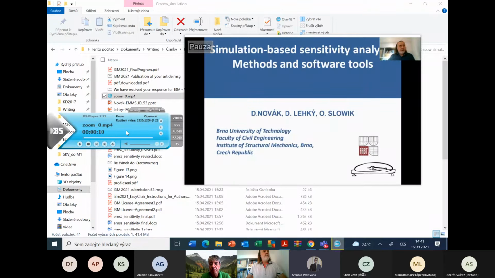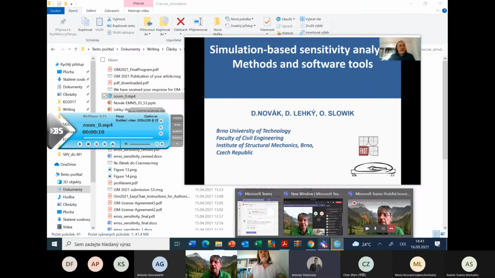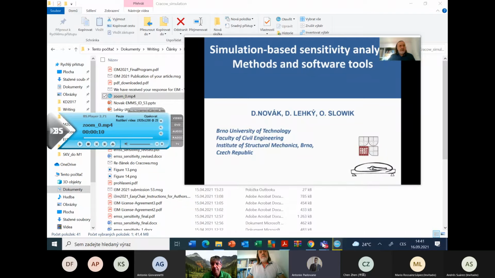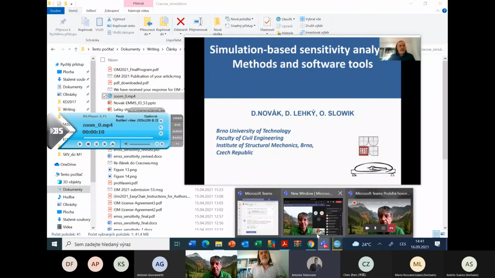Okay, can you see it now? Yes, we can see it, but we can't hear. Then you have to close it and share it again, selecting the option of sharing the voice of the computer. You mean my voice now at Teams, right?